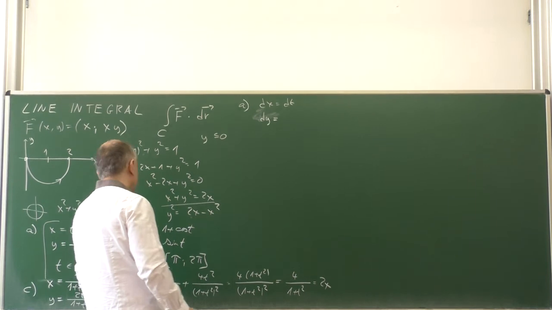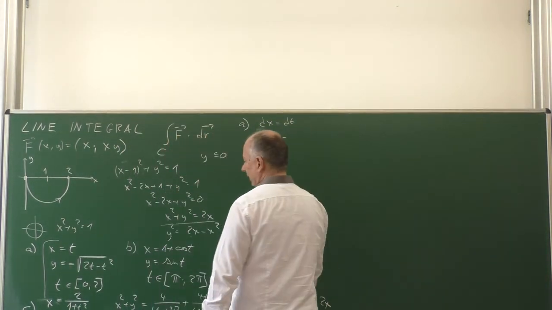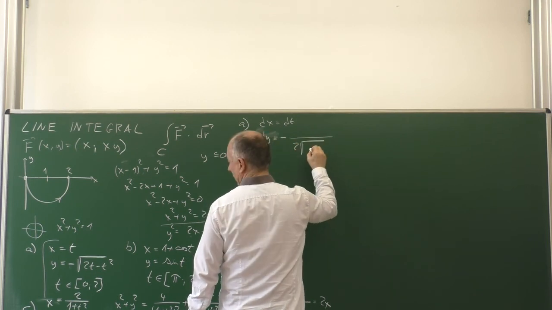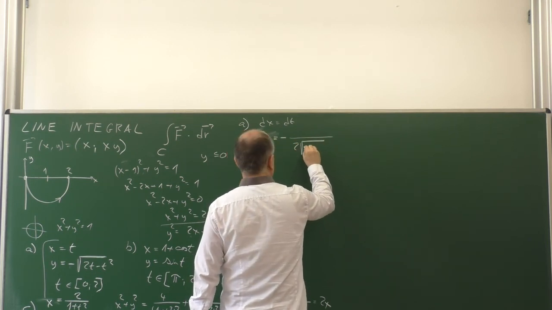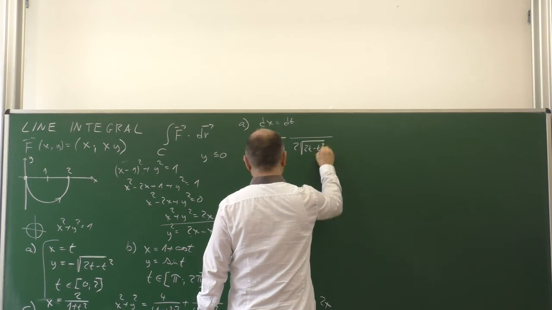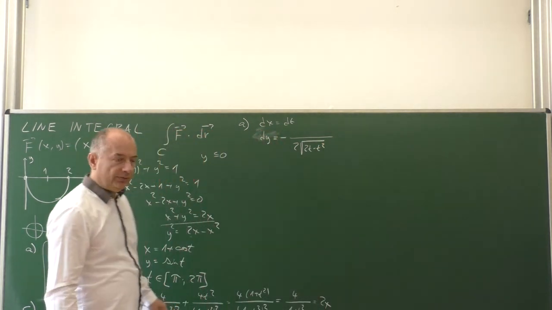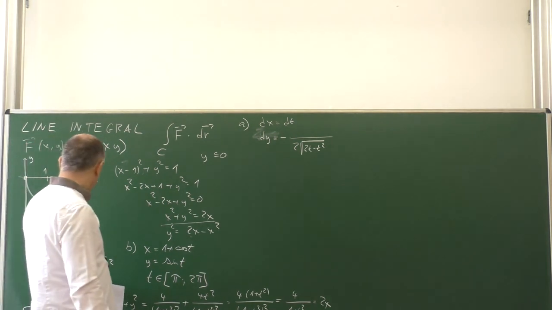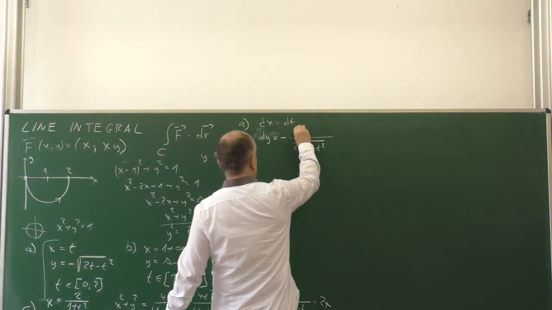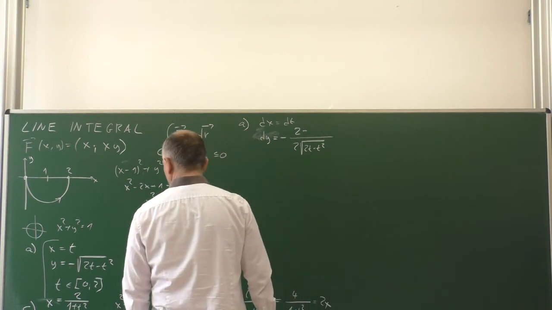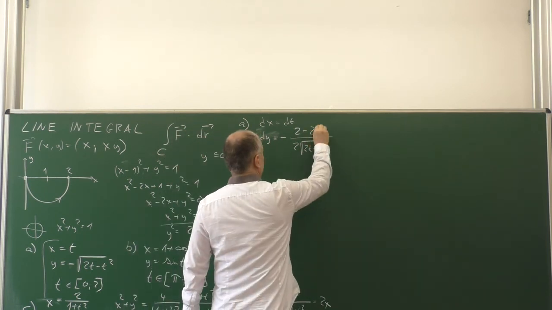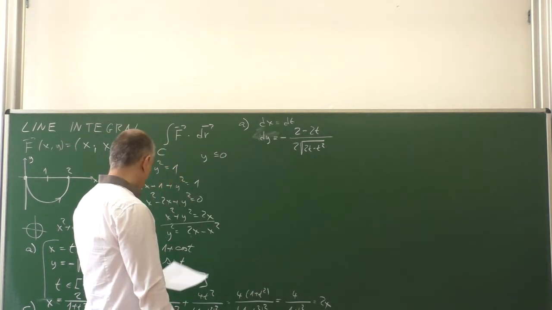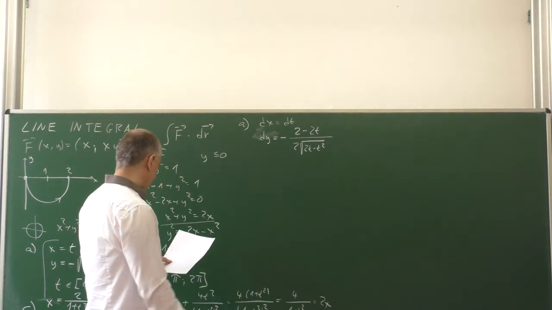So we have minus, and the derivative of square root is 1 over 2 times the square root of 2t minus t squared. And this is a composite function, so we must multiply by the derivative of the inner function, which is 2 minus 2t. Yeah, and now we can write the integral.